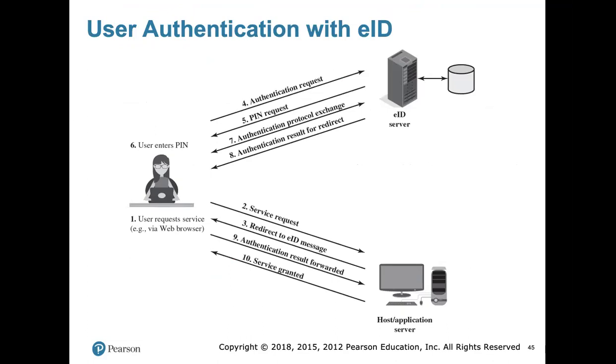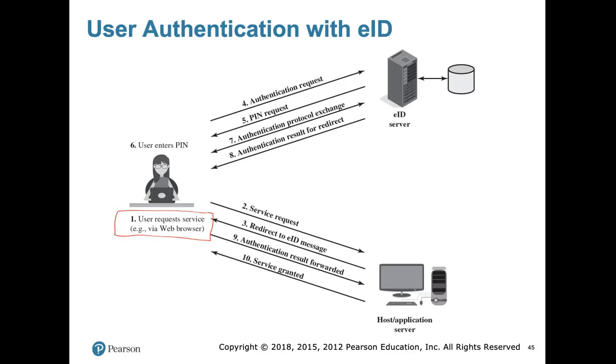Okay, this slide here shows the authentication using EID. So the second functionality, these are the details of the steps that happen for authentication using an EID card. The first step is that the user requests the service. The user wants to access some web server or some services, which might not even be directly connected to the internet, but you ask for those services.